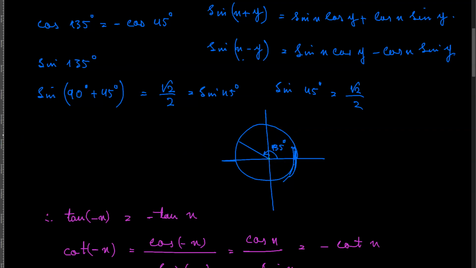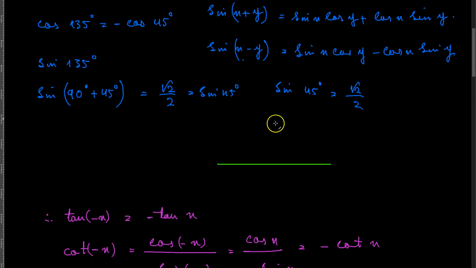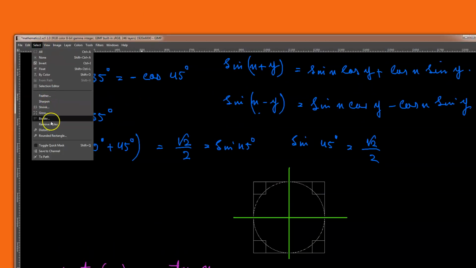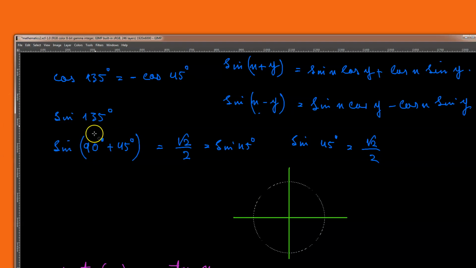Let me actually do a good unit circle because I want to show you exactly what I mean by this. So I'm going to draw a unit circle here and then select the border.